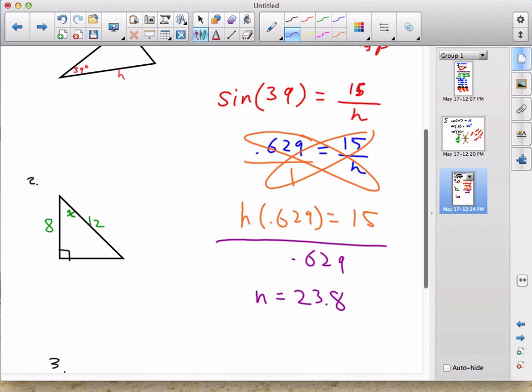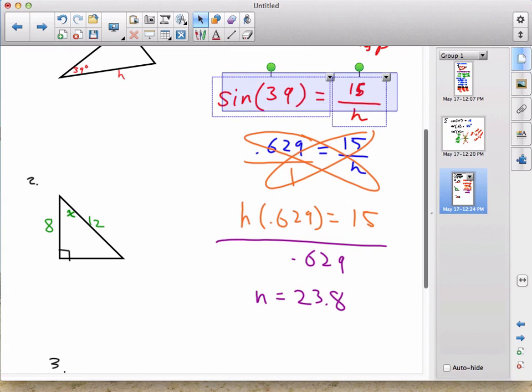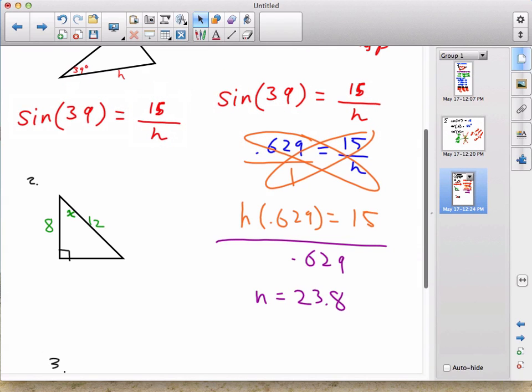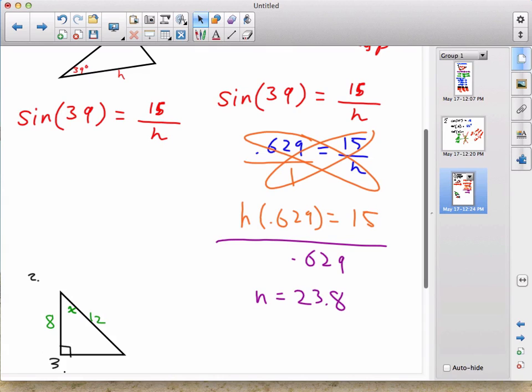Devin, a thought? I don't know if I'm supposed to do this. Can you just put solve in your calculator and then enter it? It would give you the correct answer, but I think it's quicker for me if I just solve. You could even take this equation and just leave sine 39 as a unit.